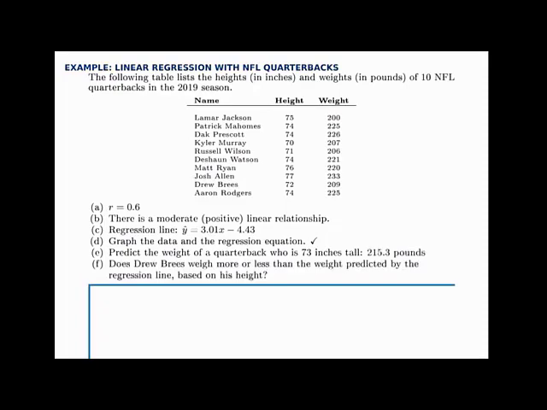Lastly, we get this question: does Drew Brees weigh more or less than the weight predicted by the regression line based on his height? So we can do the same thing we did in the last part, where we predict what someone who is the height of Drew Brees, 72 inches, would tend to weigh according to this equation. And according to this equation, that comes out to 212 pounds approximately.